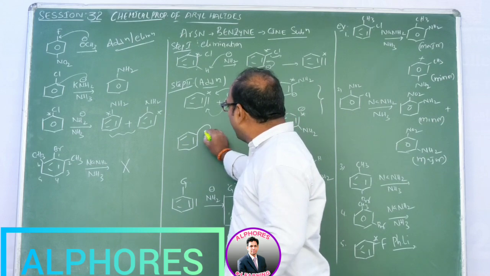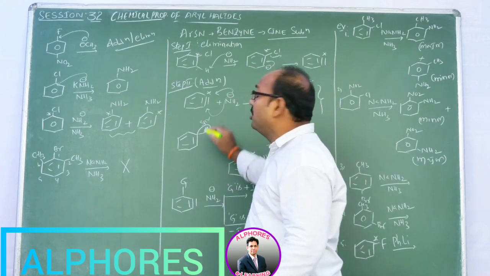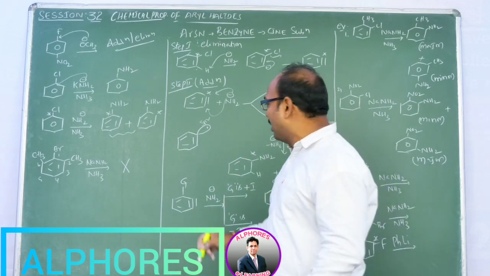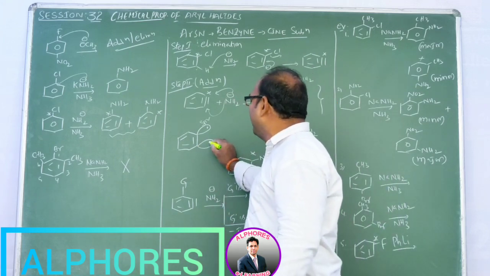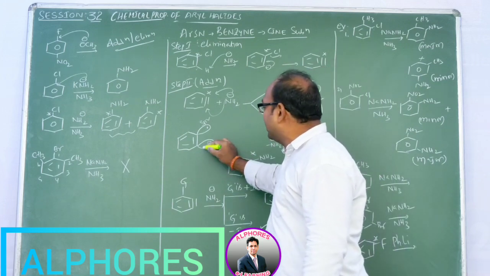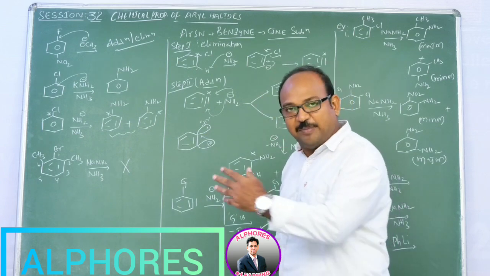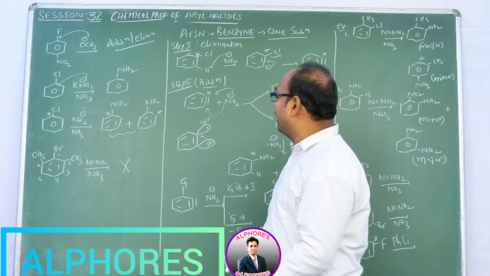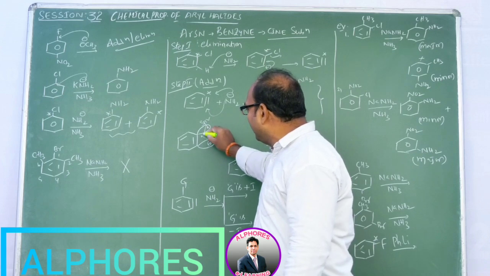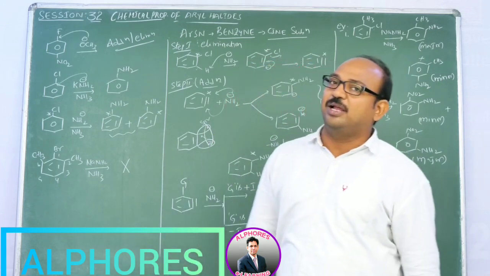But here this electron is sp2 hybridized, meaning the electron is located in an sp2 hybrid orbital, and this one is again sp2 hybridized. So here the negative charge is located in the sp2 hybridized orbital. Now this negative charge participates in bond formation with the next empty sp2 hybrid orbital, right? So by overlapping these two sp2 hybrid orbitals, you get that bond.